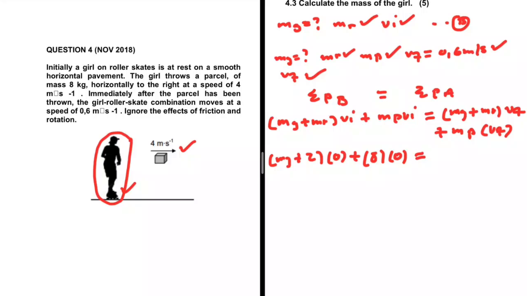Being equal to the mass of the girl, what we're interested in, plus the mass of the roller skates, 2 kgs, multiplied by VF, which will be minus 0.6, right? 0.6 meters per second to the left. If we take direction to the right as positive, then that velocity should be negative.